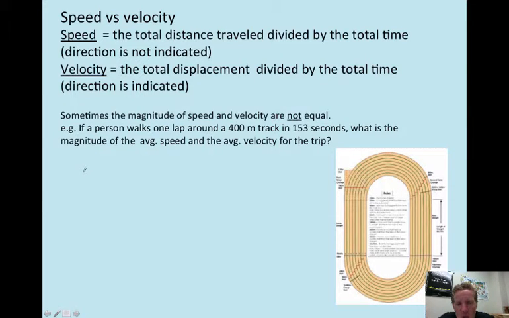So if a person walks one lap around a 400-meter track in 153 seconds, what is the magnitude of the average speed and the average velocity? Whenever I use that term magnitude, I'm just talking about the size. With the velocity, we won't give a direction. I'm just trying to show you how this can be different.